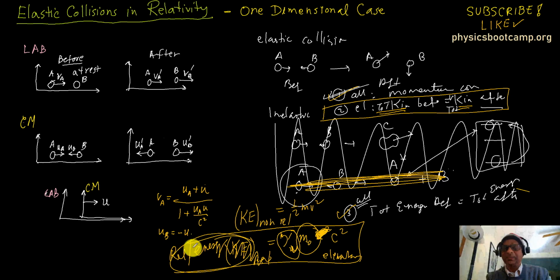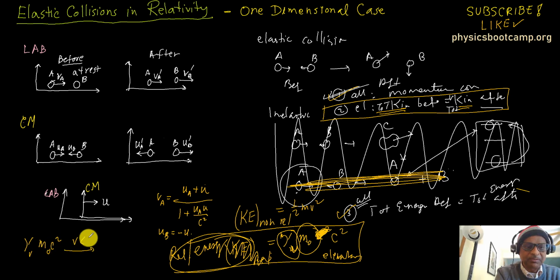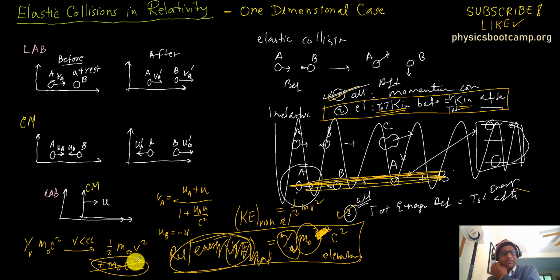So kinetic energy is included in the relativistic energy. If v is much less than c, this turns into half m0 v squared plus m0 c squared, which is a constant, so it doesn't change and we can ignore it. All right, so much for the background, and we want to do this both relativistically and non-relativistically and see what the differences are.